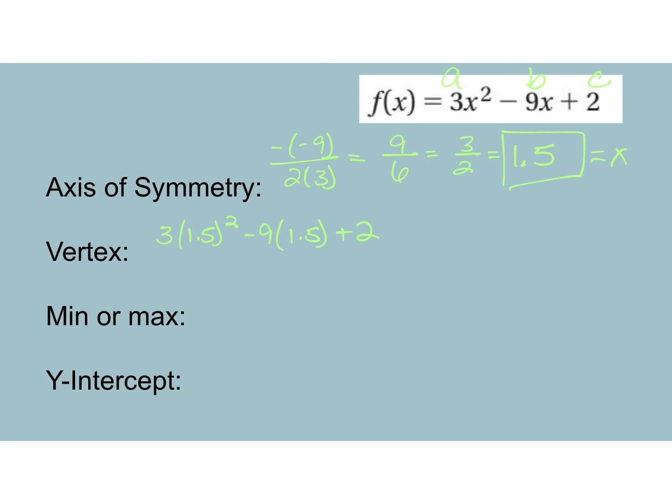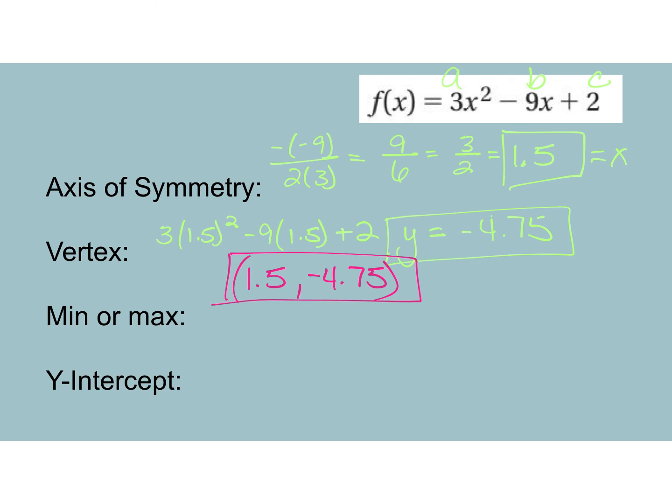So you have to square 1.5 first, and so on and so forth, depending on how you're using this. But I got a y value equals negative 4.75. So the vertex is located at 1.5, negative 4.75.